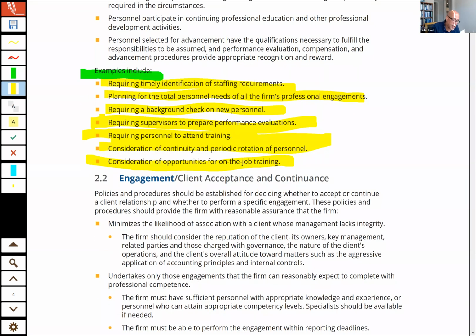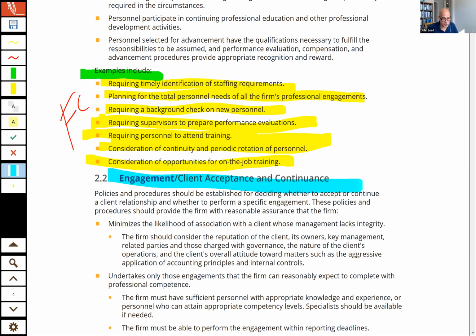Okay, so flashcard, and again, the approach here is we're going to flashcard activities that will accomplish the objective under each of the elements of the quality control system, or quality control standards. Now, engagement, client acceptance, and continuance.